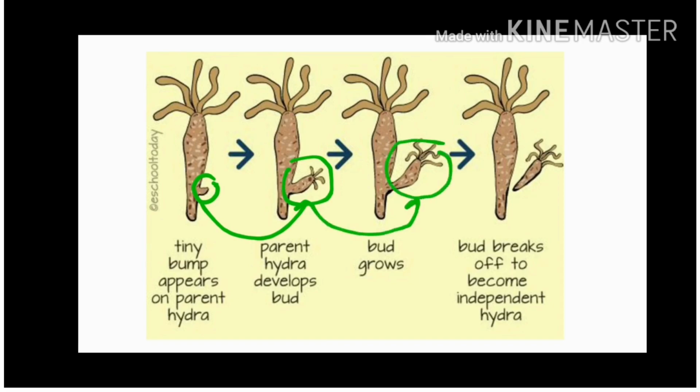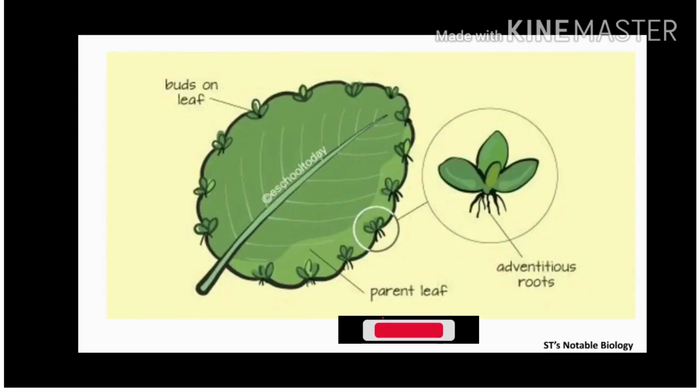After attaining maturity, this newly formed hydra detaches from the parent hydra and grows into a new hydra. This is the best example of asexual reproduction, in which there is the involvement of only a single parent.